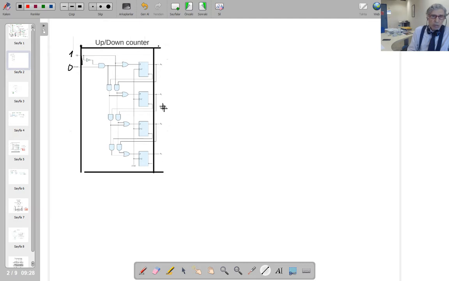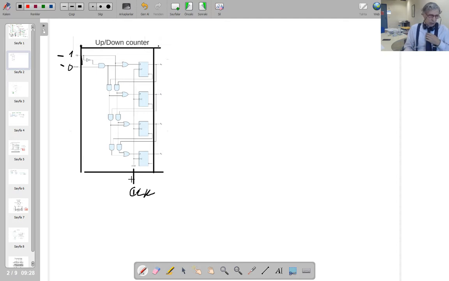A0, A1, A2, A3 are the outputs. The other input is the clock. We are counting the clock pulses, and when the up and down inputs are 1, 0, it counts up. If it is 0, 1, it counts down. So it is counting up and down.